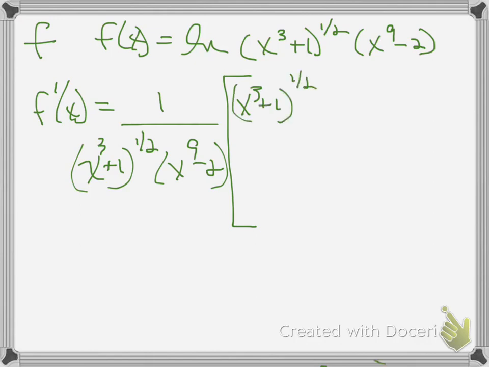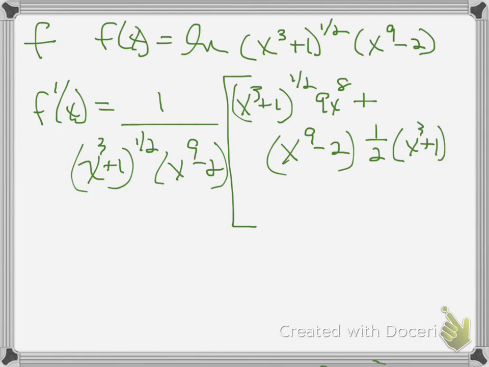D right, which is just 9x to the 8th, plus right, which is going to be, I'm just going to write it down here, x^9 minus 2, d left, which is going to be 1/2 x cubed plus 1 to the negative 1/2 times the chain rule, which is going to be times 3x squared. Okay, so let's have that look a little bit better.